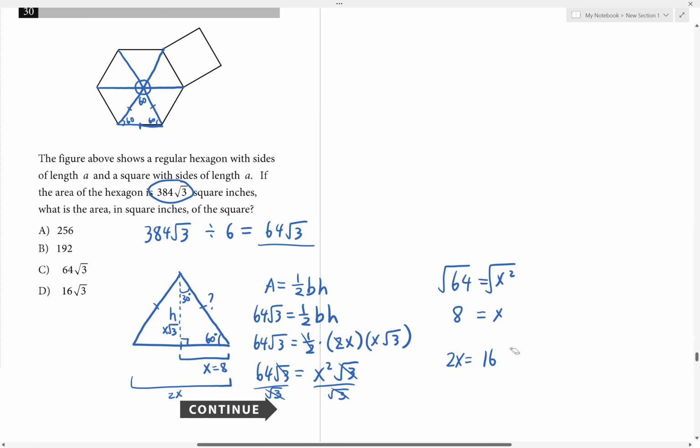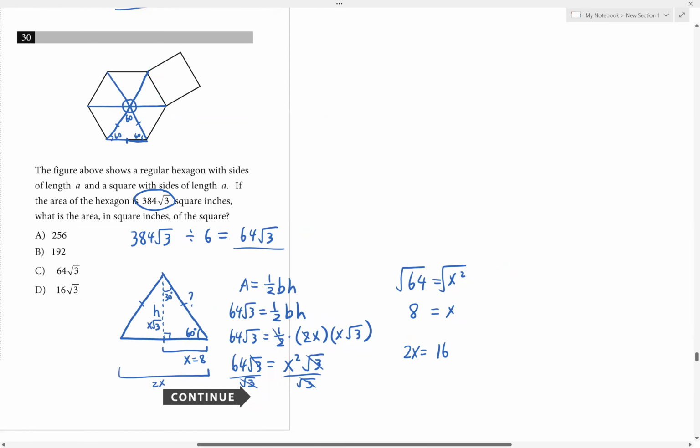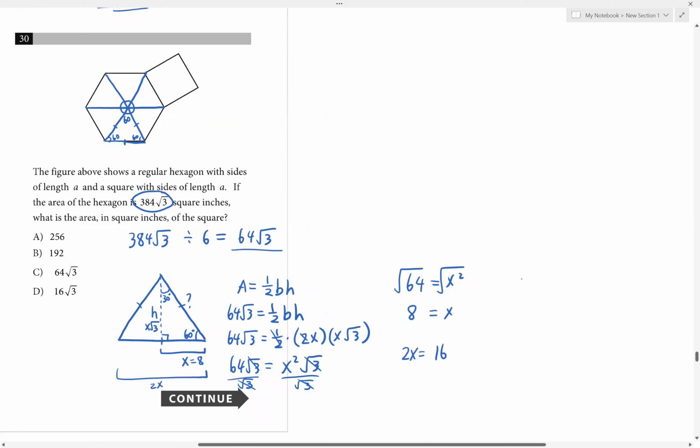To solve for the area of the square, we do one more step: area is side times side, so 16 squared, which is 16 times 16. On the calculator, that's 256. That is our final answer for number 30, which is letter A.